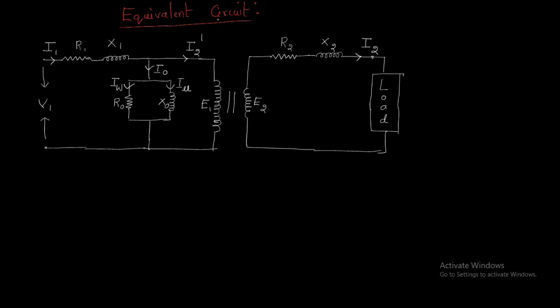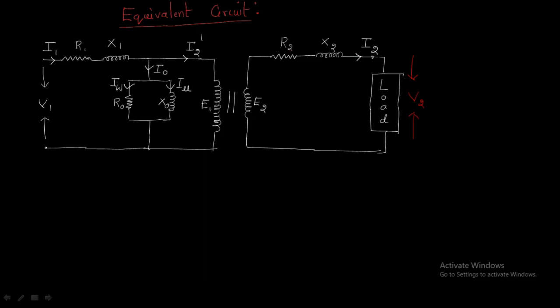This is the equivalent circuit of the transformer. So you know already, this is the primary winding representation. This is the primary induced EMF. This winding is the secondary winding, with secondary induced EMF E2. If we connect any load with voltage V2, the load gets the current I2.